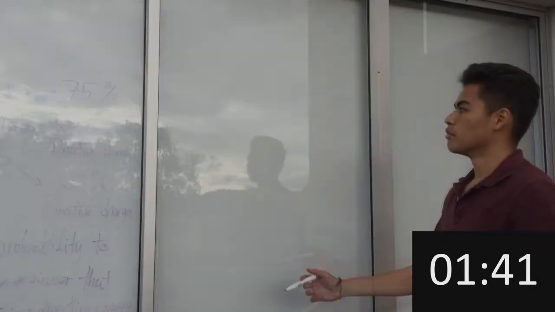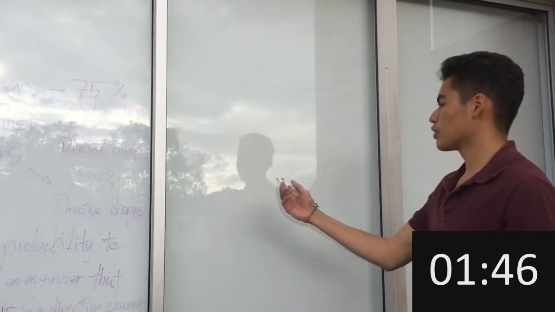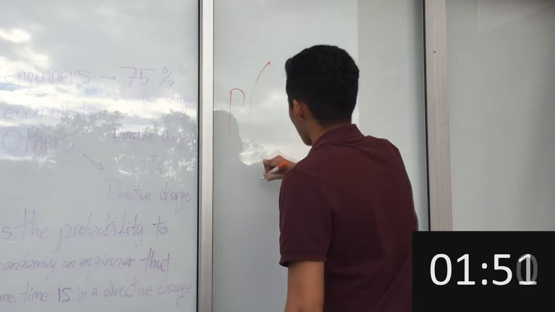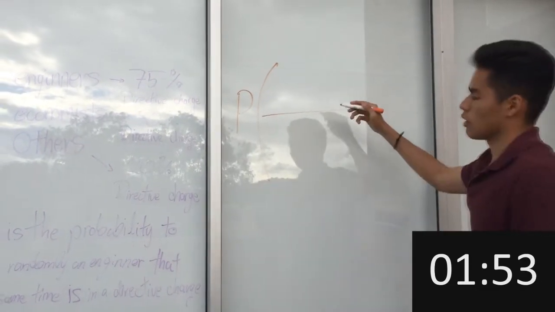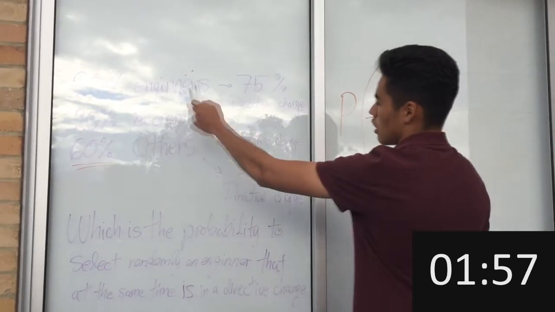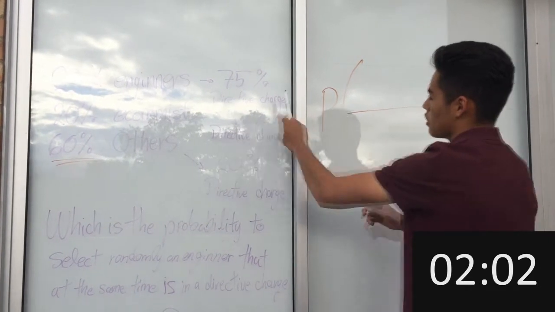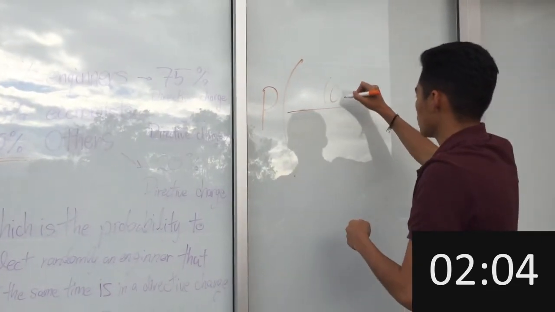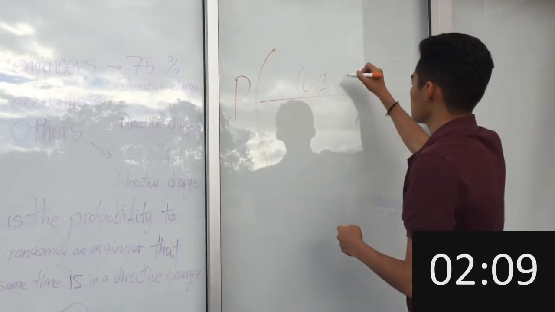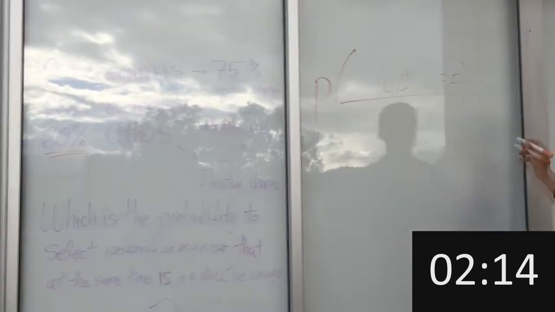Well, now to solve this exercise, we need to use the theorem of Bayes. Now, the probability is, over the line, the percentage of the engineers times the percentage of engineers that have the directive charge, represented in decimal number as 0.2, that is 20%, times 0.75, that is 75%.